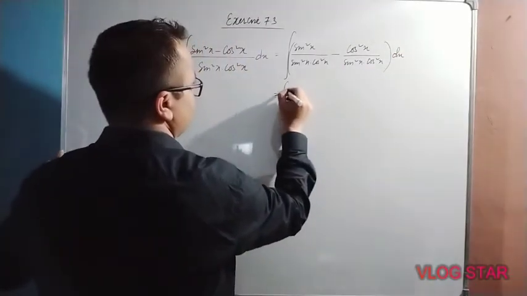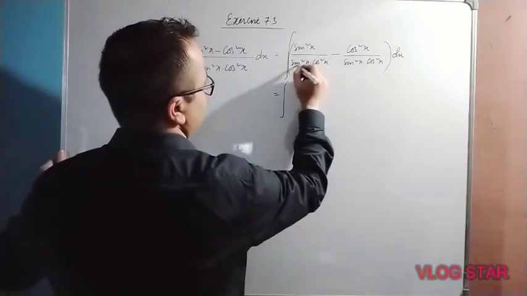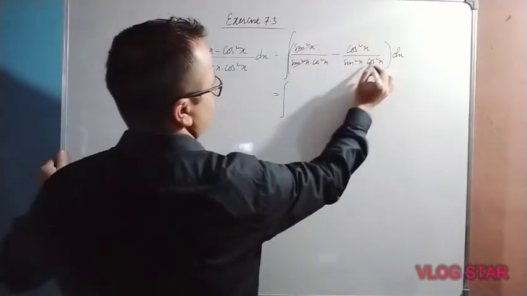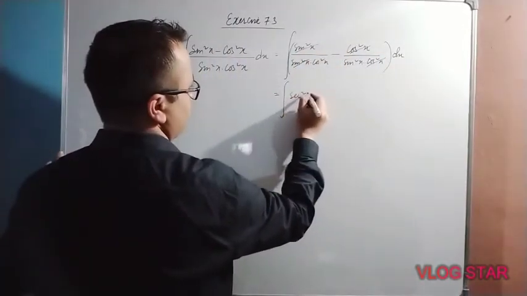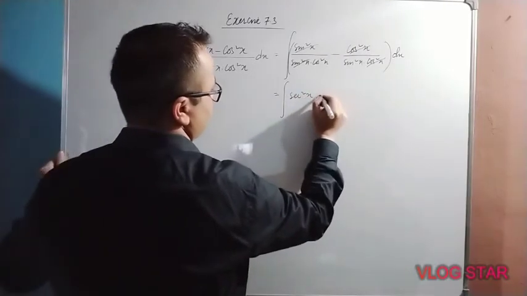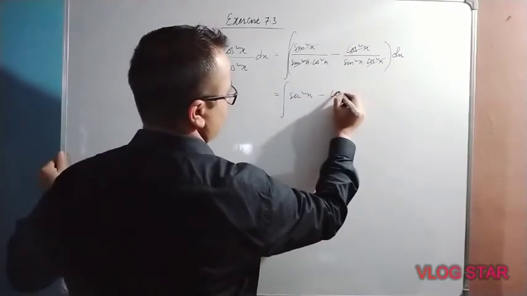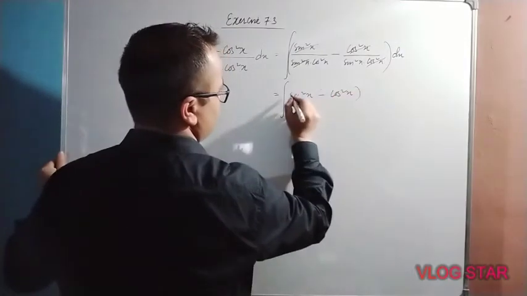This equals the integration of 1 by cos square x, which is sec square x, minus 1 by sin square x, which is cosec square x, dx.